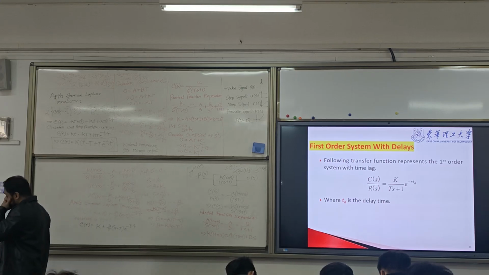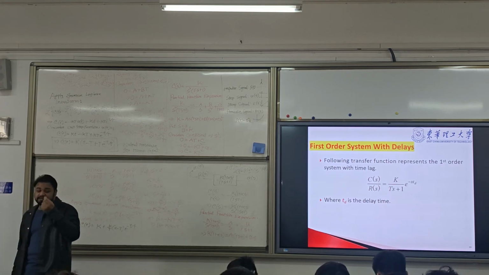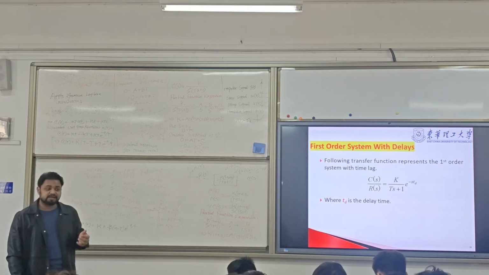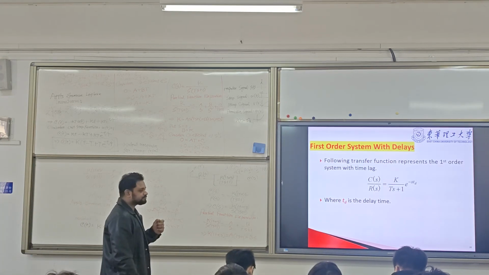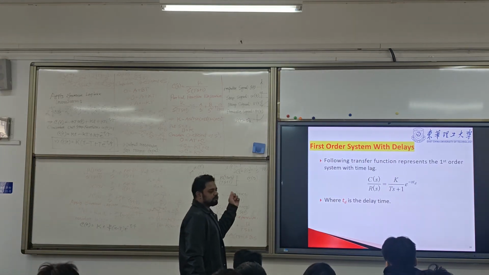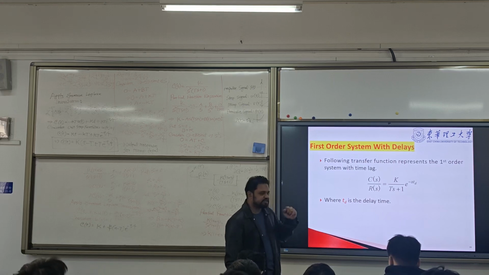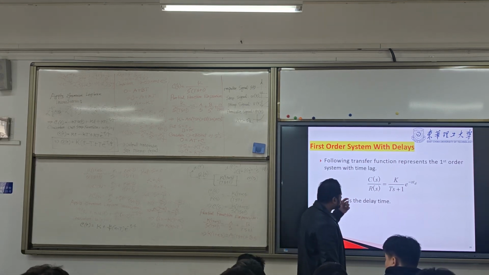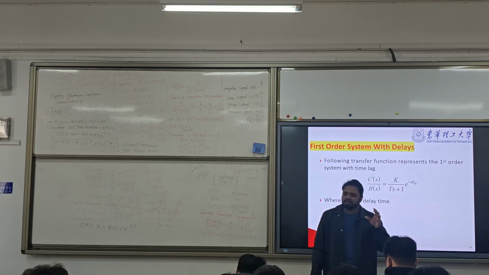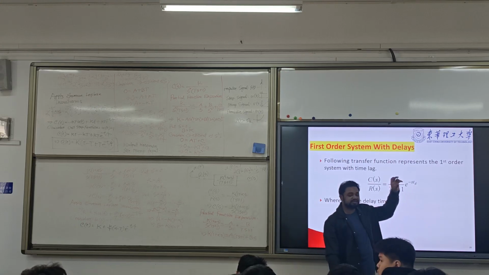Okay, now we'll talk about a system that is having a delay. First order system having a delay. We just saw first order system with a zero. Now we will talk about a system that is having a delay. What is the delay?